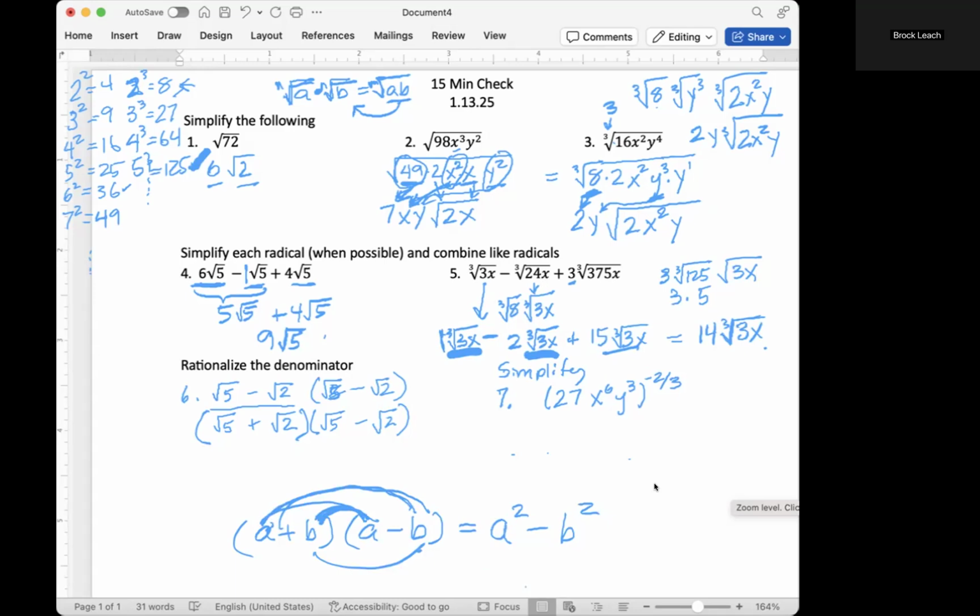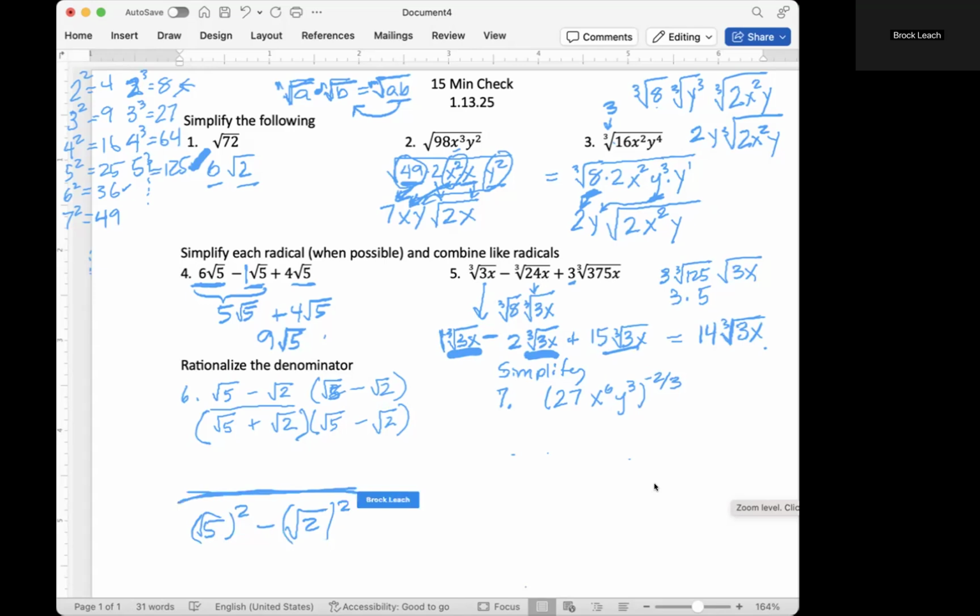So in the denominator now, I have root of 5 squared minus root of 2 squared. So I got rid of the square root down there. Now on top, I have to FOIL this out. Unfortunately, we're not going to get rid of the radical on top. We have root of 5 times root of 5, which is 5. And then we have negative root 2 times negative root 2, which is 2.